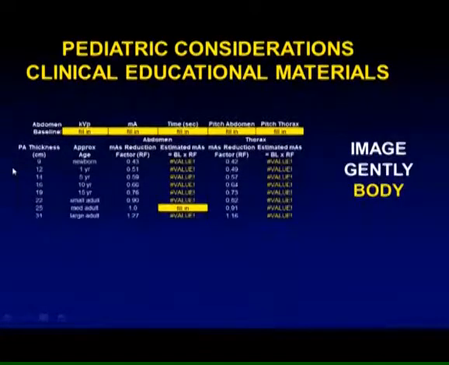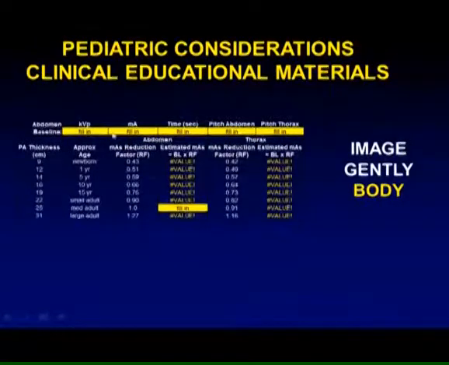Well, what do we know about pediatric doses in CT? Well, this is a table, or actually a little worksheet that was put on the Image Gently website back in 2008. And what it was designed to do was allow someone to come up with techniques that are appropriate for children.